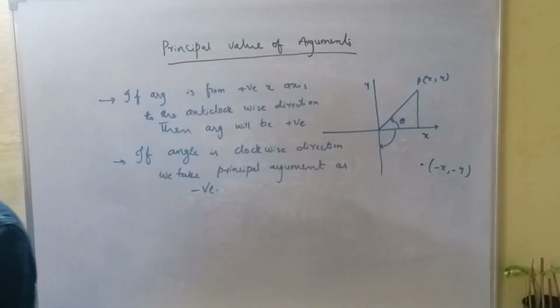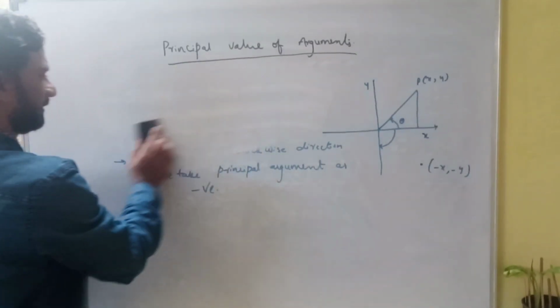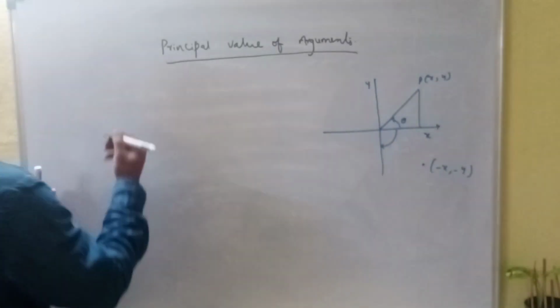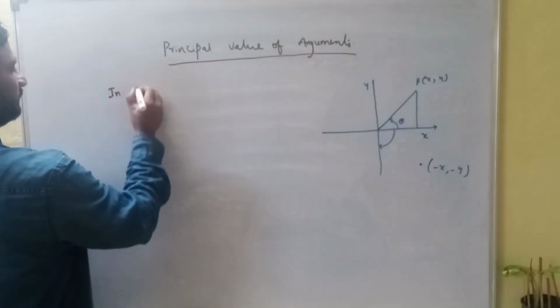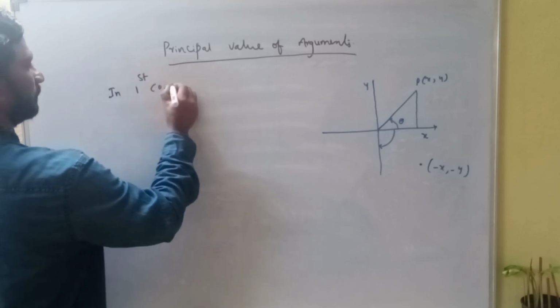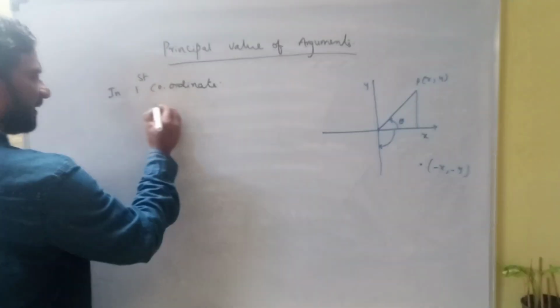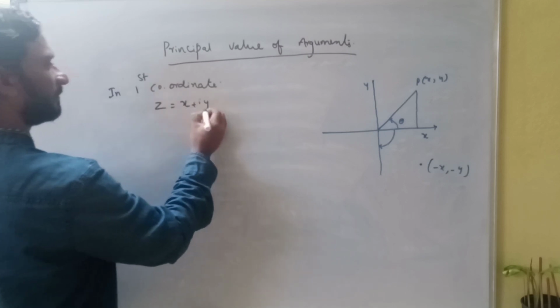Now we have to represent this principal value of argument in the coordinates. Let's take the first coordinate. How can we represent a complex number in the first coordinate? z is equal to x plus iy.